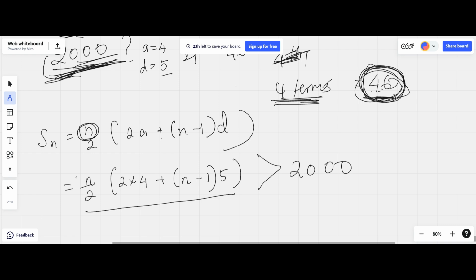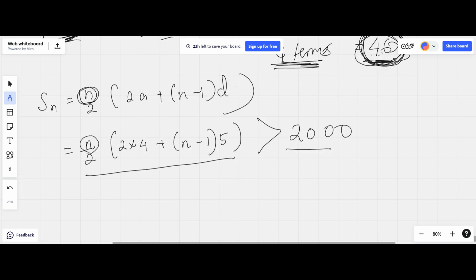Let's say if we are adding the first 100 terms, we will get a sum. So whatever it is, we want to find how many terms you need for this sum to be more than 2000. I think I'm talking too much and may be confusing you.